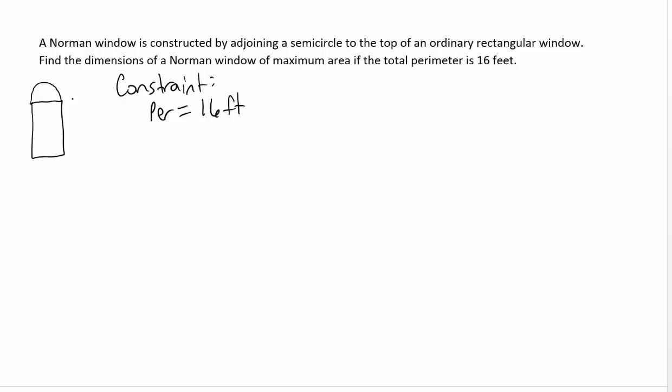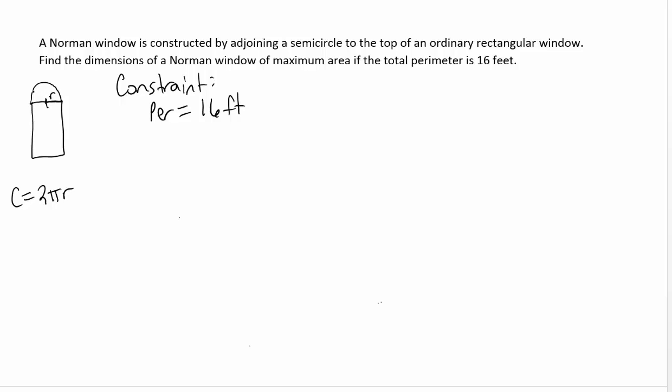The perimeter of any kind of a circle is also called circumference. And one of the formulas that we just talked about earlier was that the circumference of a whole circle is 2 pi r. So it would be helpful to have a radius labeled on this picture and use a radius as one of our dimensions. So in this case, the radius would be that little r right there.